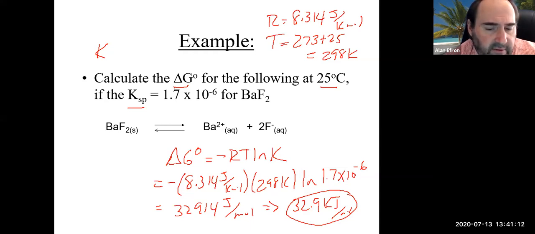Thus, with 32.9 kilojoules that's positive, that would imply that this reaction is non-spontaneous, which means it is not proceeding to the products, which makes sense since it will be staying on the reactant side. Any questions on that calculation there?